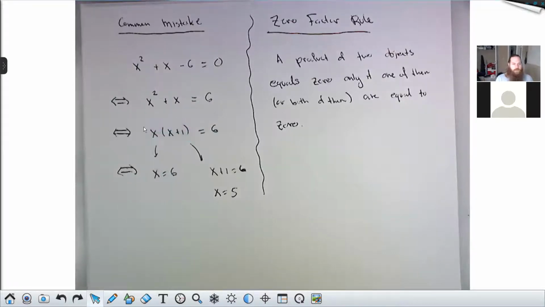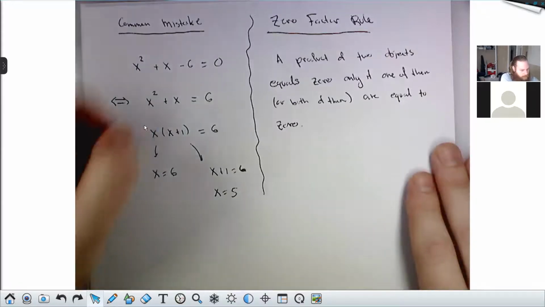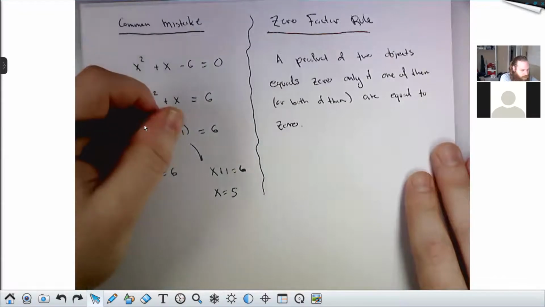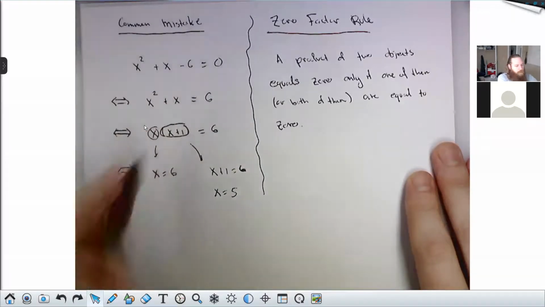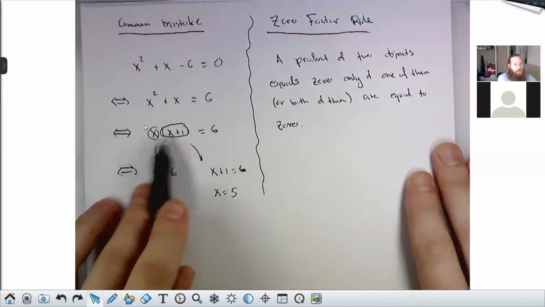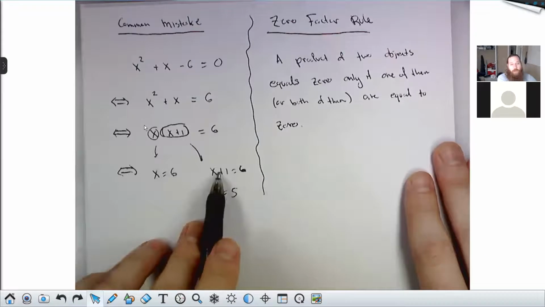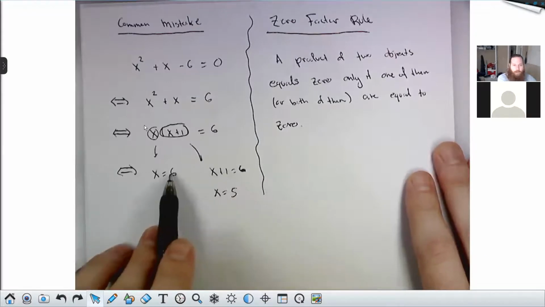Think about it like this. Here's one chunk, right? The x is one chunk, and this is one chunk. Just because when you multiply two things here, you should get 6 out, does not mean that those have to be 6 on their own.